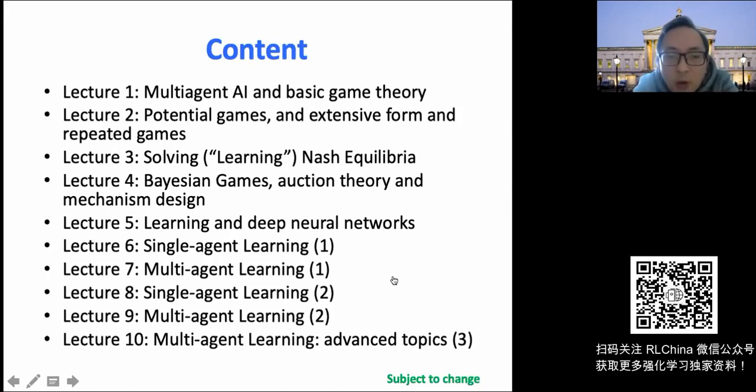In my module, I won't try to distinguish between them, but I could say that in the very beginning of this lecture, when we're talking about game theory, in most cases we're talking about human beings. But in the later part of this lecture, when we're talking a bit more about machine learning, those agents become computerized agents.